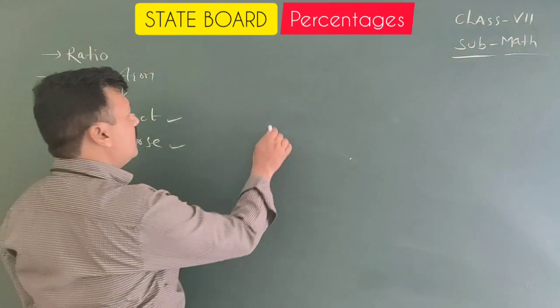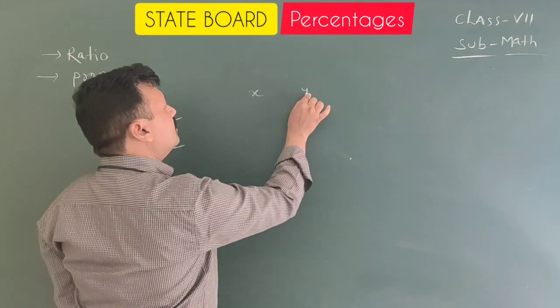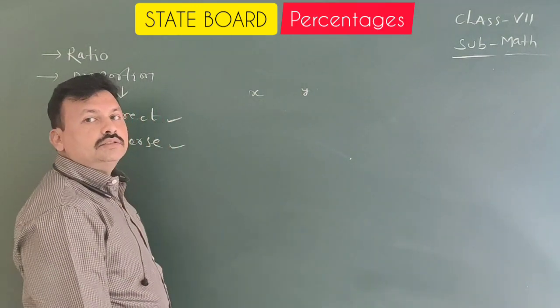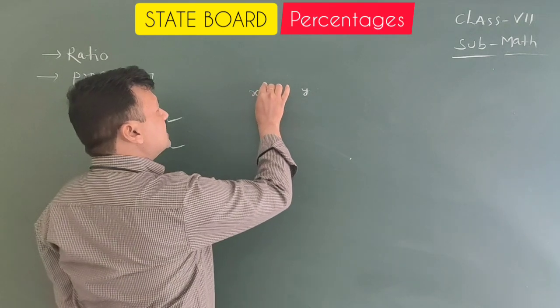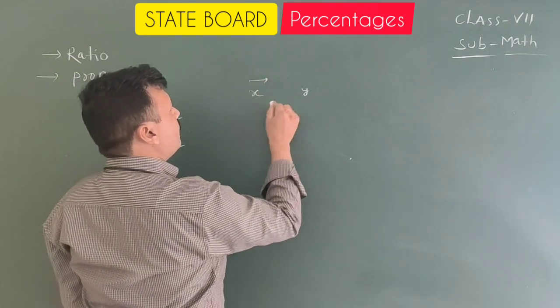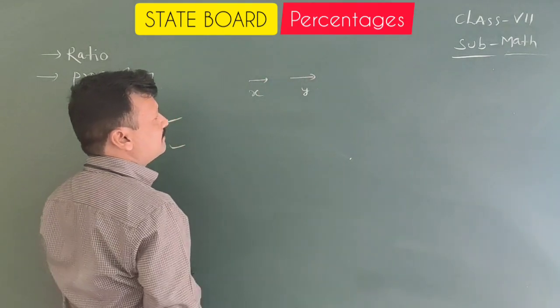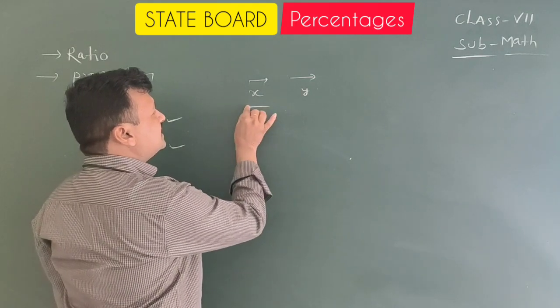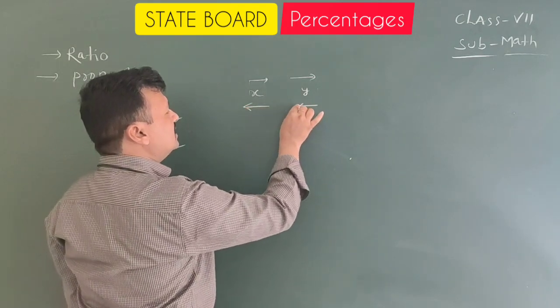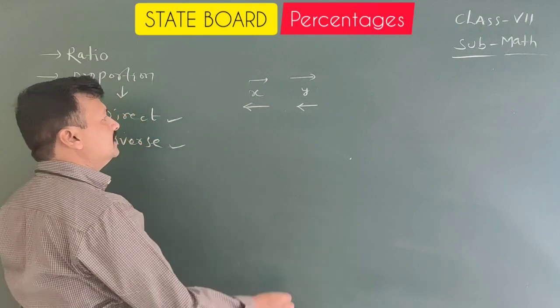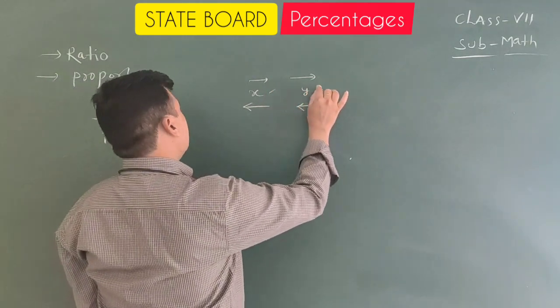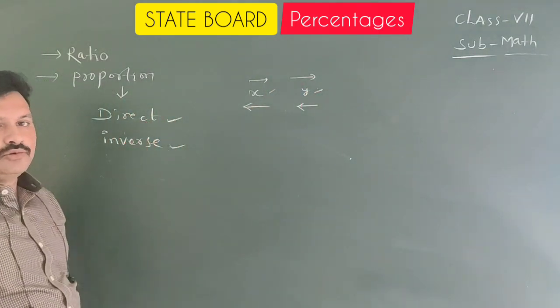Let us consider two quantities x and y. If x increases, y also increases. If x decreases, y also decreases, then x and y are said to be in direct proportion.